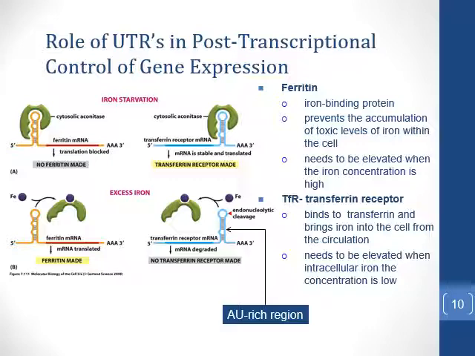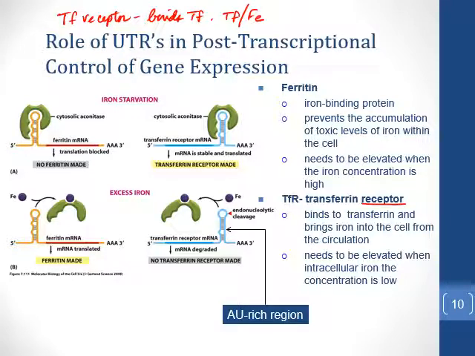So there are two really important proteins here. One is called the transferrin receptor. Okay. The transferrin receptor binds transferrin and brings iron into the cell from the circulation. So in other words, the transferrin receptor binds transferrin, and transferrin exists in the circulation bound to iron.